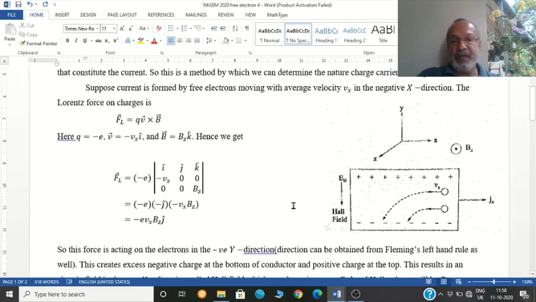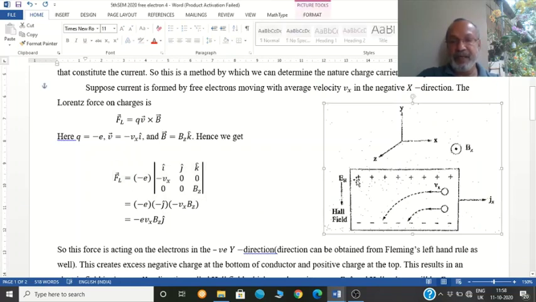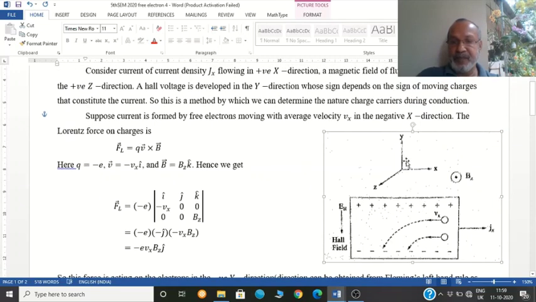That is shown in this diagram. You can see this is a material taken in the form of a parallelepiped, and there is a current in the positive x direction. These are the x, y, z directions I have taken. A magnetic field Bz is applied in the positive z direction.